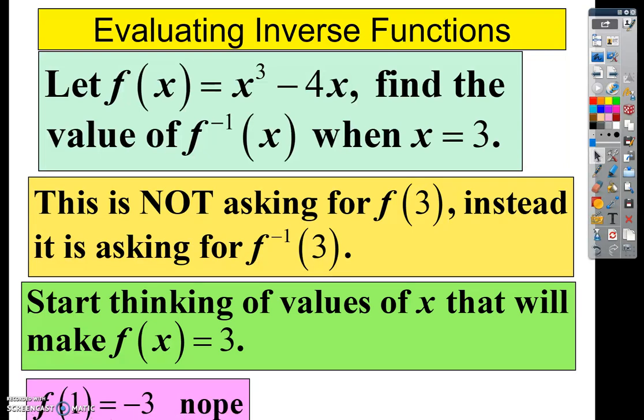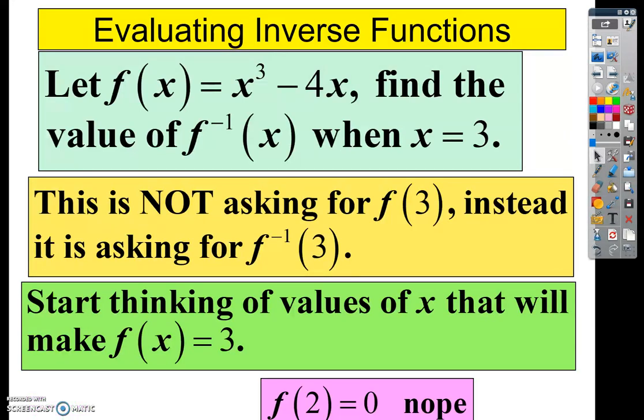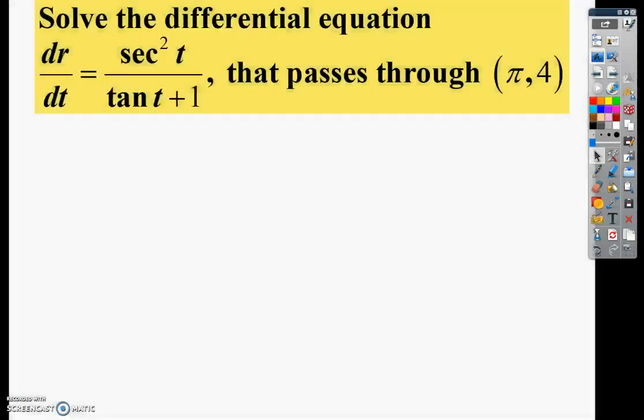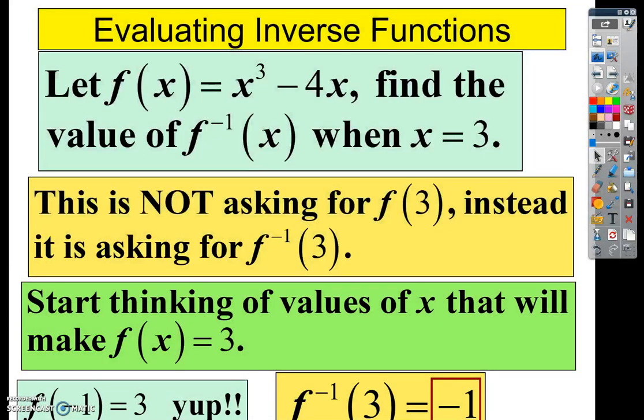We're just going to do some trials. Will 1 make it 3? Nope, it makes negative 3. When we plug in 2, does that make it 3? No. Negative 1 does. That's just guessing, and guessing is not my favorite way to handle something like this. But since I didn't know how to solve the equation I created, this is where we're at. And you can just flip them over, which is kind of fun. And that's pretty much it.